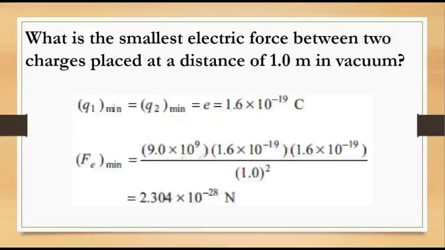So F equals Coulomb's constant, because it is in vacuum, 9 into 10 to the 9. Q1 is also electron charge, Q2 also. You cannot put 1. 1 Coulomb is a very big charge, not a small charge. So after solving, you can get this. Let us try another question.